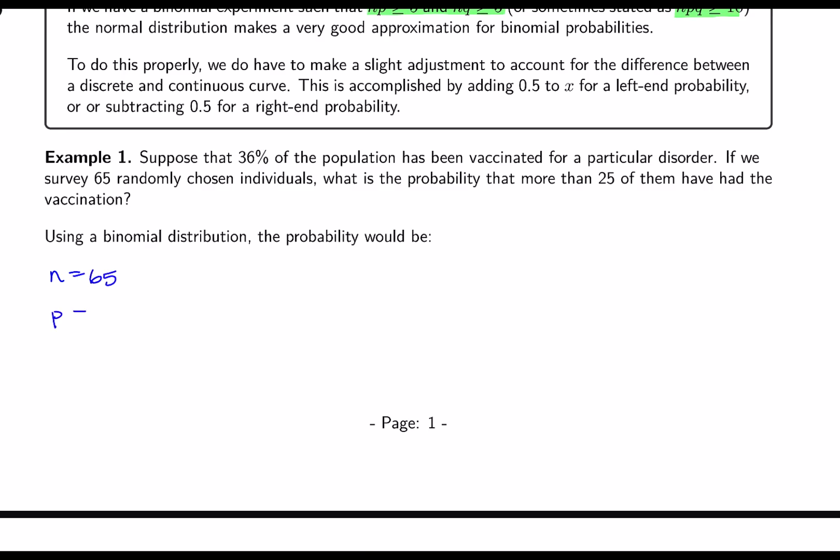The probability of success, which means they've had the vaccination, is 0.36. And what we're looking for is the probability that out of these 65, more than 25 have had the vaccination, so that x is greater than 25.